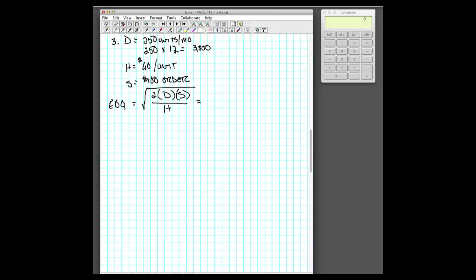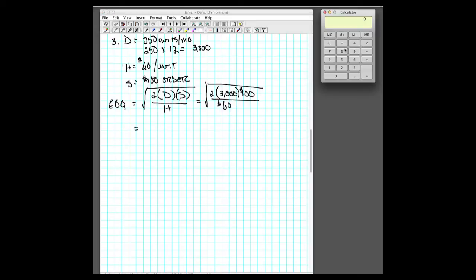And for us, therefore, it's going to be 2 times 3,000. That's our annual forecast demand, times the ordering costs of 100, all divided by the holding costs of $60 per unit.